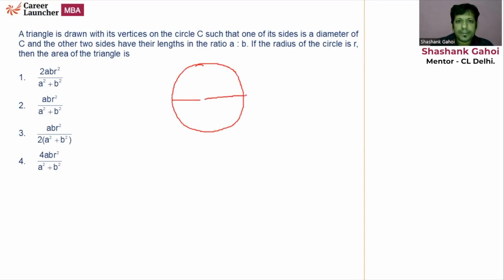Now the question is saying that two sides have lengths in the ratio of A to B. So we can simply assume one side is A, another side is B, and the radius is given as r. So basically the diameter is going to be 2r. So I can say a square plus b square is going to be 4r square. So I can say r square upon a square plus b square is equal to 1 upon 4.